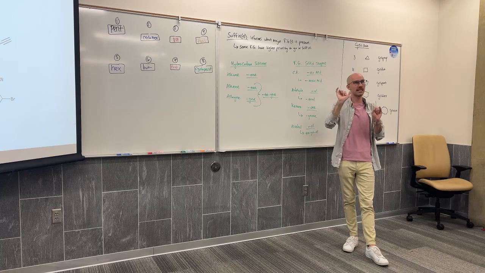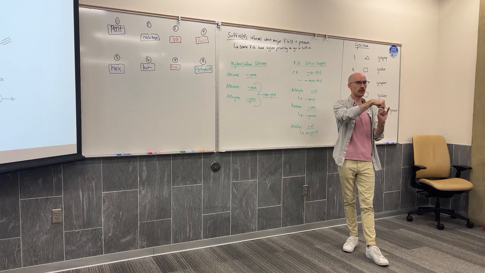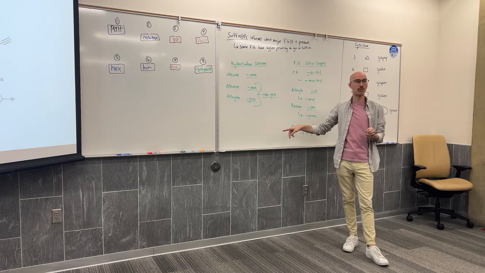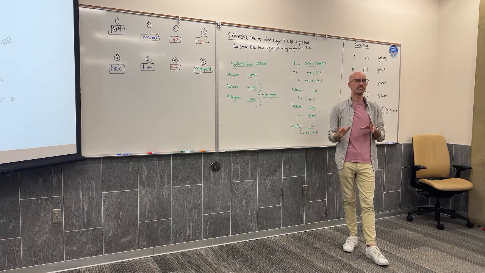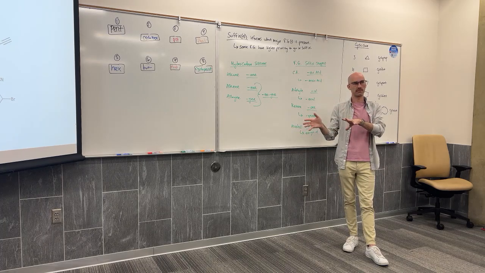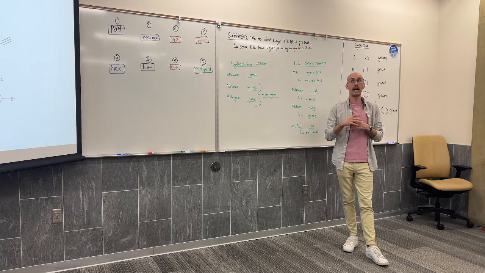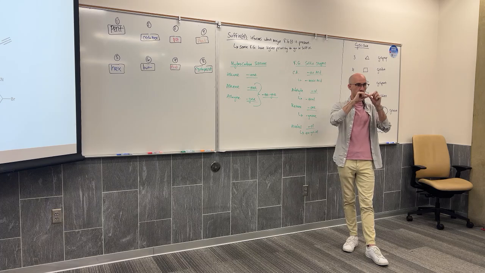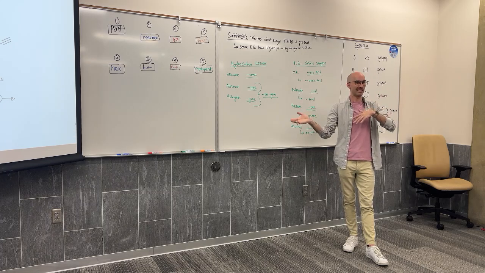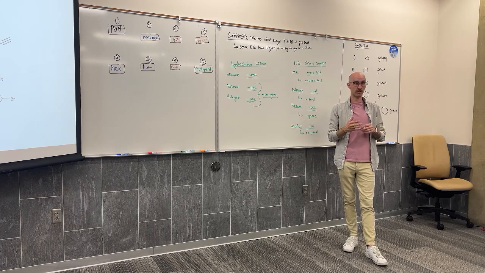Functional class names the carbon chain as a substituent to the functional group. Isopropyl alcohol describes the carbon chain as a substituent of an alcohol. Tert-butyl bromide. But IUPAC naming would actually prioritize the carbon chain and then use a suffix to indicate the functional group or a prefix.